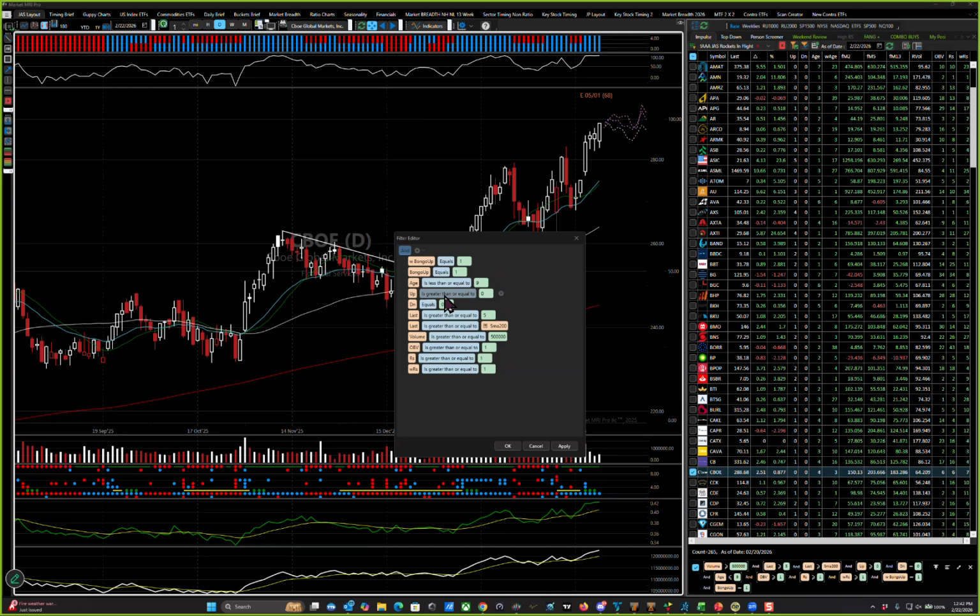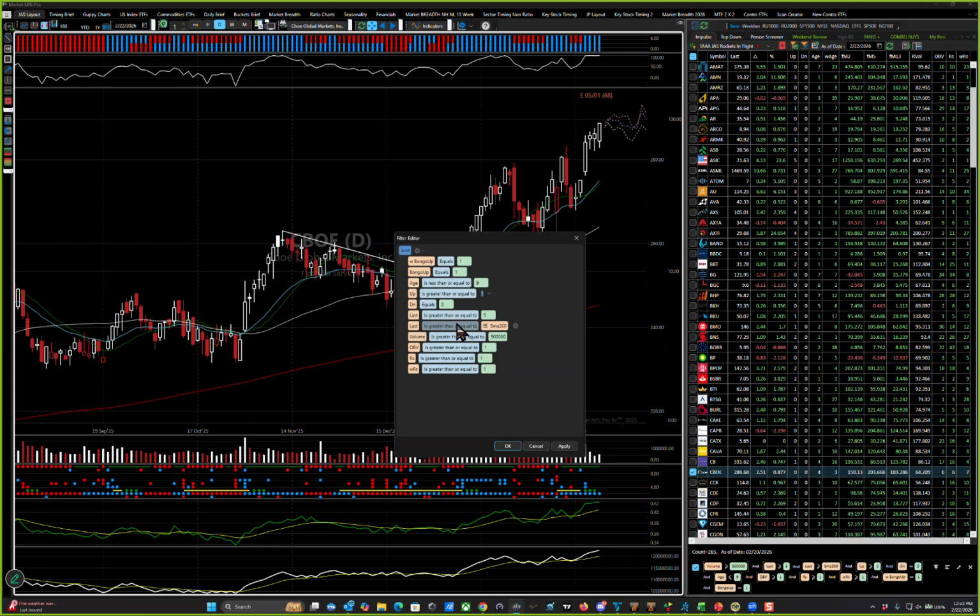I probably would have set it as 1, not as 0. So let me do this. Up is greater than or equal to 1. Down is 0, meaning you have no down impulses.